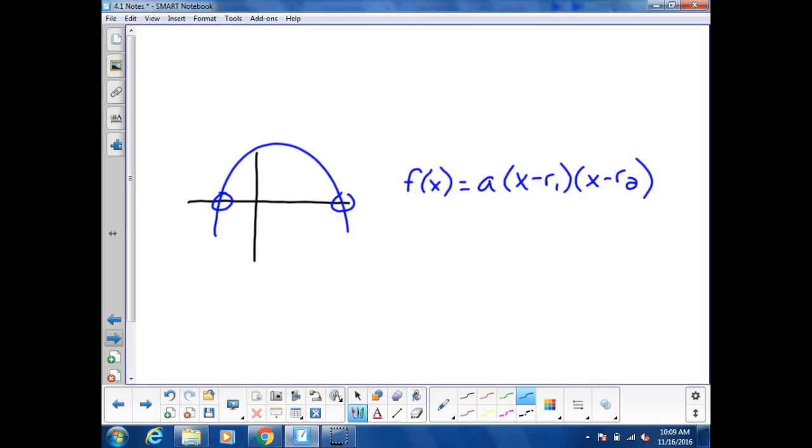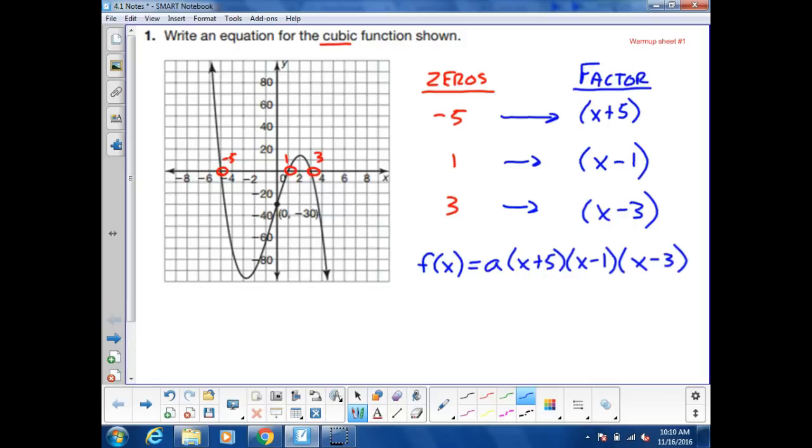You plugged in a point, right? A point that the function goes through, as long as it wasn't one of the zeros. So I can't plug in -5 for x, I can't plug in 1 for x, and I can't plug in 3 for x. What else could I possibly plug in for x?